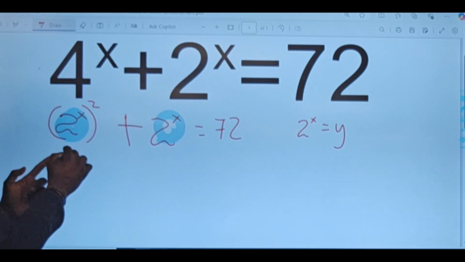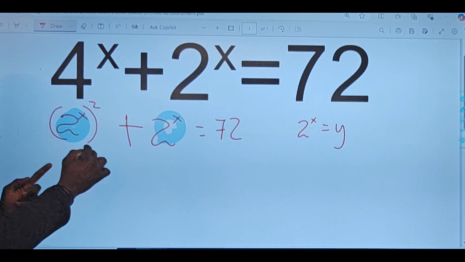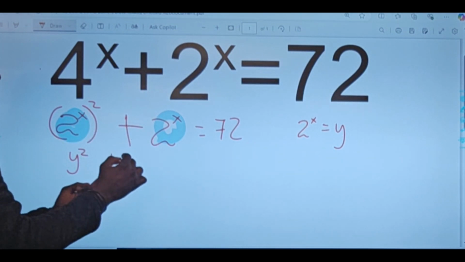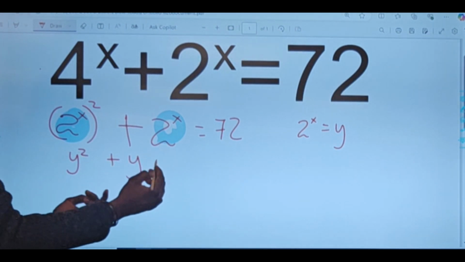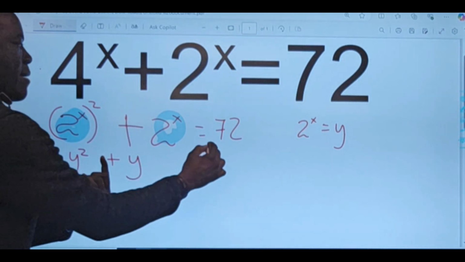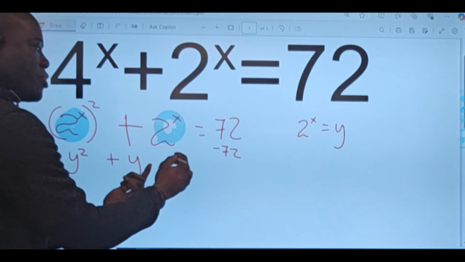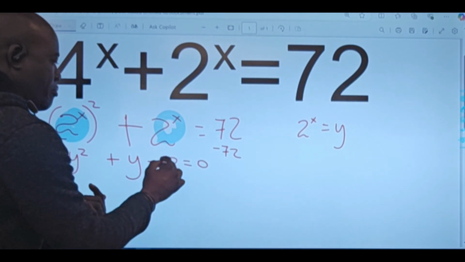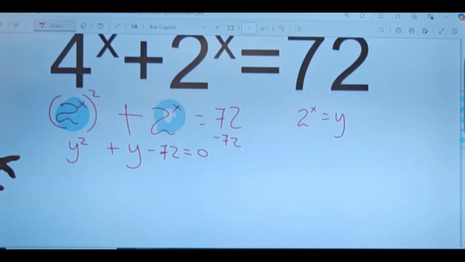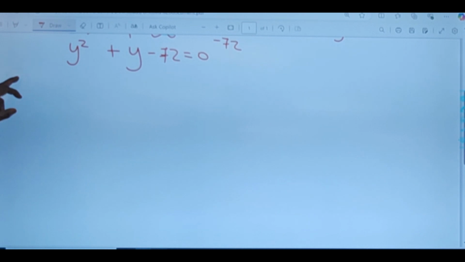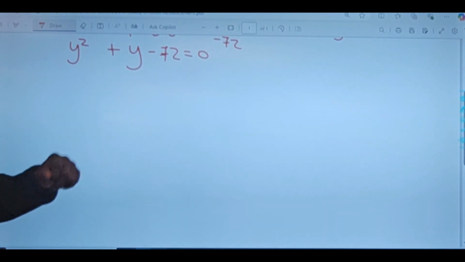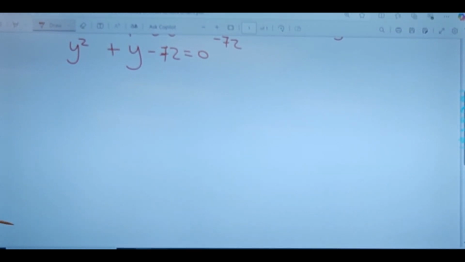So here it is. It's going to be y squared, because y is now 2 to the x, plus y, and then, because it's a quadratic, I'm going to subtract the 72 from both sides. So I'm going to have a minus 72 over here. We're looking at y squared plus y minus 72 equals 0.